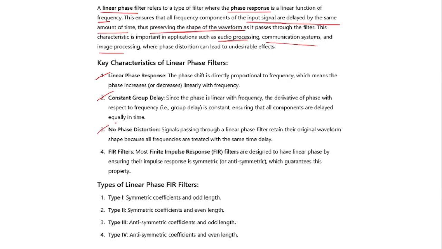Then there would be no phase distortion. Most FIR filters are designed to have linear phase by ensuring their impulse response is symmetric or antisymmetric, which guarantees this property. Based on this, we can classify the linear phase FIR filters into four types: type 1, type 2, type 3, and type 4.